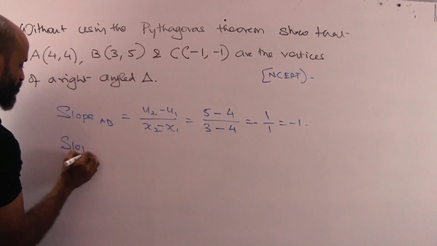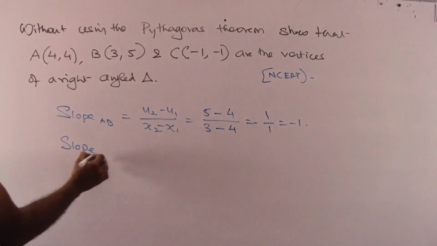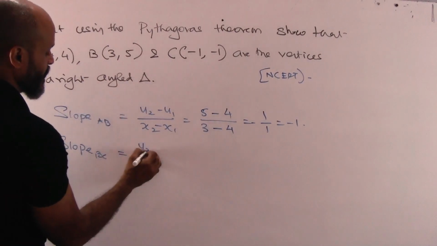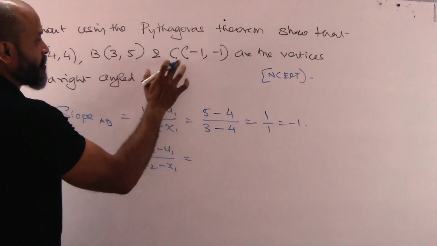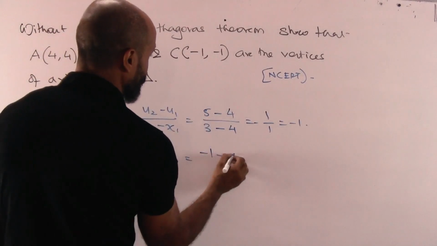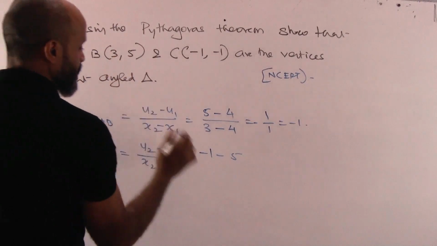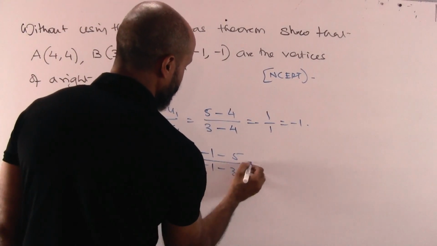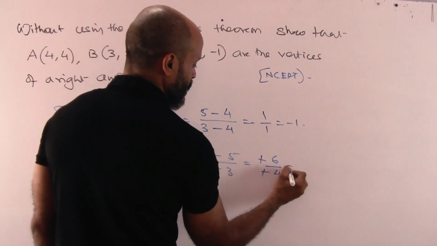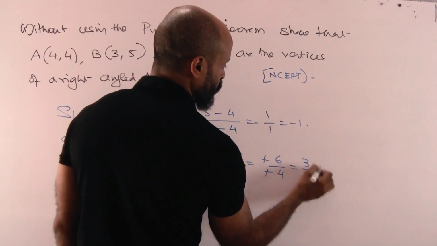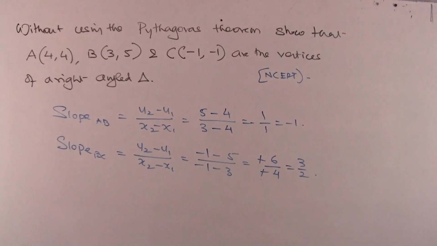Now, the slope of BC will be y2 minus y1 upon x2 minus x1, that is minus 1 minus 5 upon minus 1 minus 3. So, this is minus 6 by minus 4, that will be equal to 3 by 2. We do not see anything here which will click.